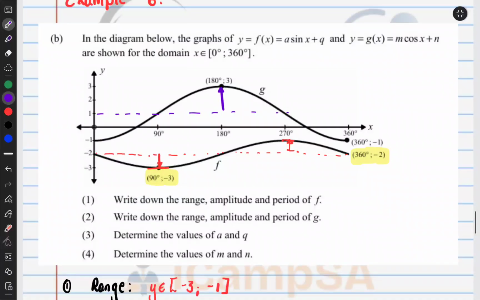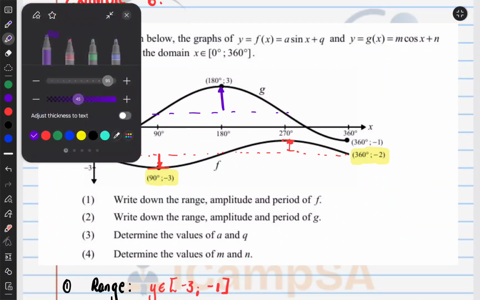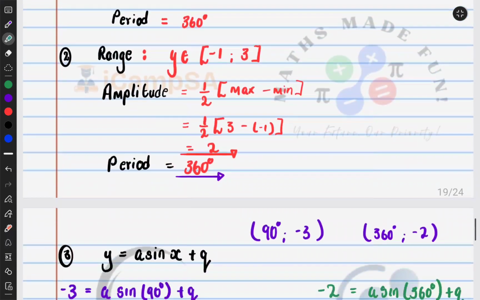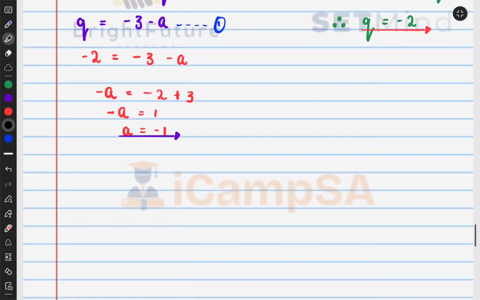Next, we're looking for m and n. Again, we have 2 coordinates, 180 and 3, and then we have 360 and -1 for the cosine function. So for m and n, this is our number 4: y is equal to m cos x plus n.